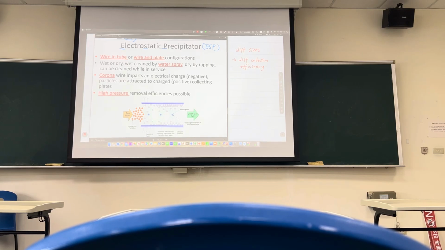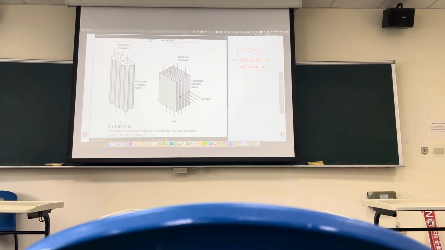Okay, and we have two configurations of ESP. One is wire in tube. The other one is wire and plate. So this one, student, is figure 9-42.